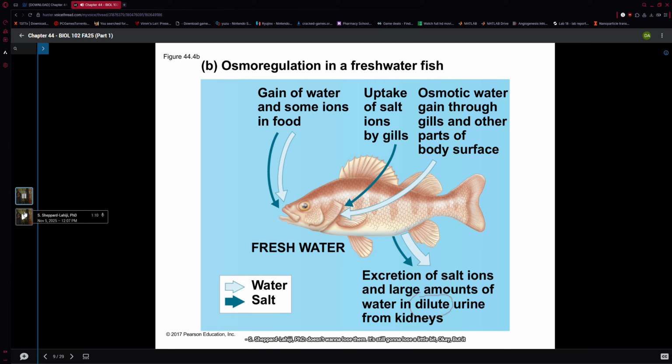It's still going to lose a little bit, but it has a means to actively take ions back into its body. This allows the freshwater fish to maintain a balance. So, a large amount of urine, but that urine will be dilute with respect to solutes. And in this scenario, we're just thinking about salt ions.